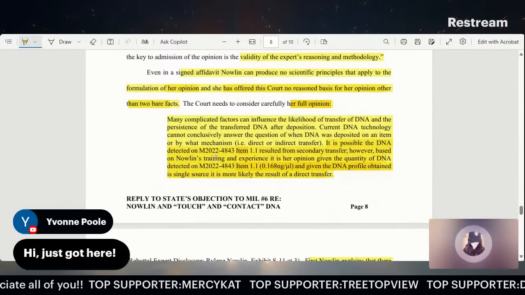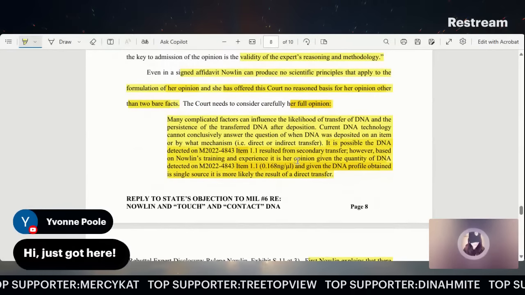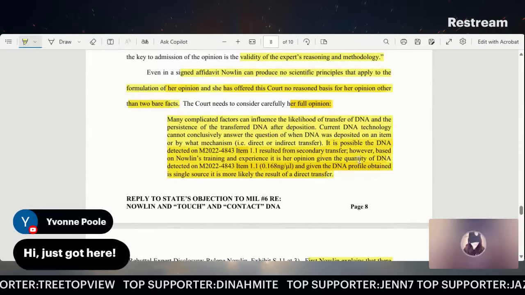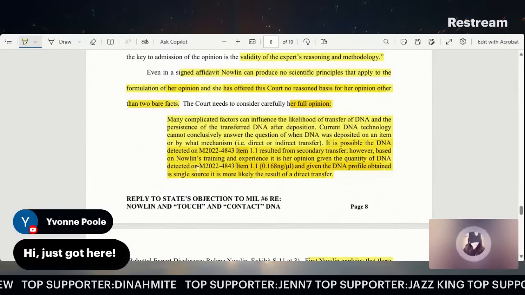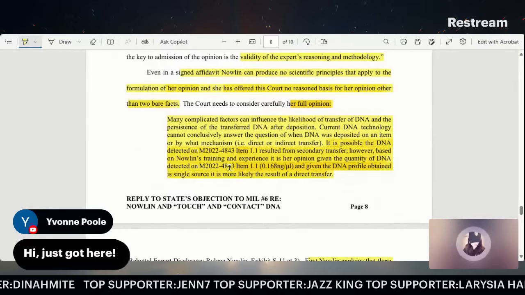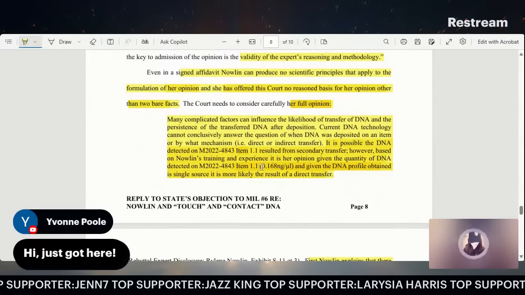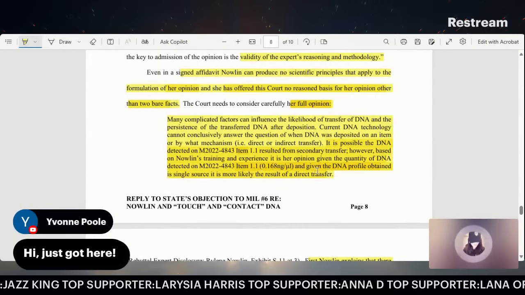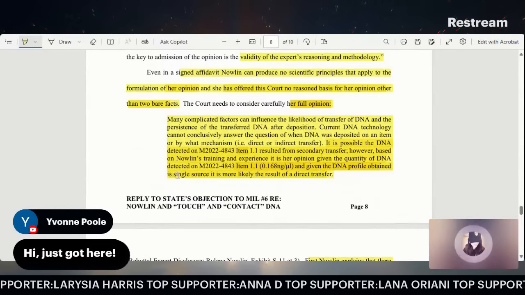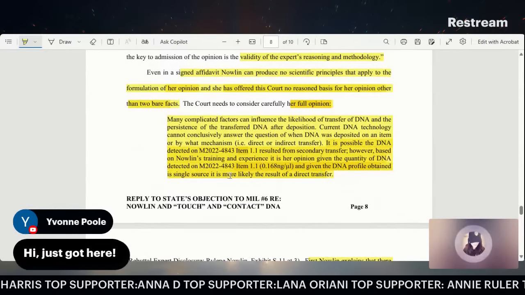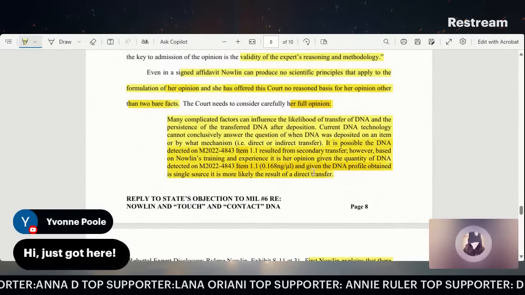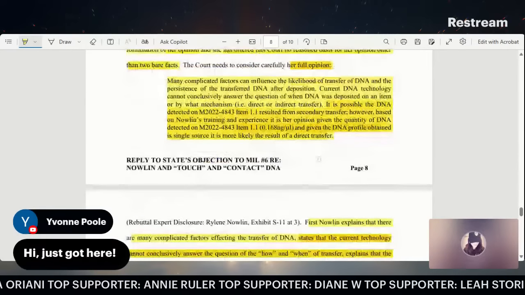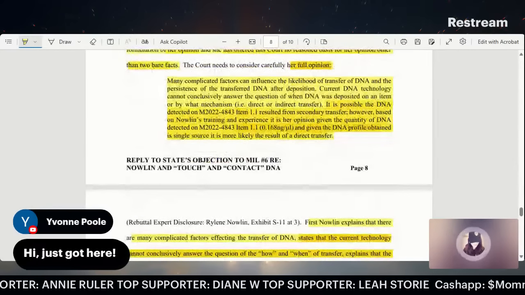However, based on Nowlin's training and experience, it is her opinion, given the quantity of DNA detected on M2022-483 item 11, 0.168 nanograms, and given the DNA profile obtained as single source, it is more likely the result of a direct transfer. End quote. Stop here for a second.